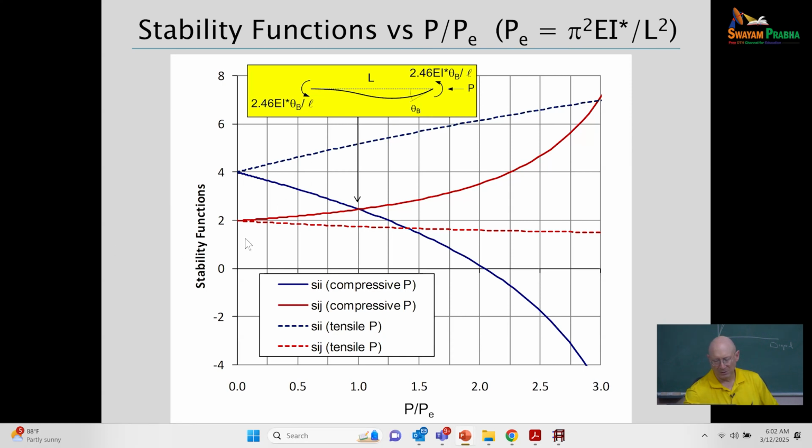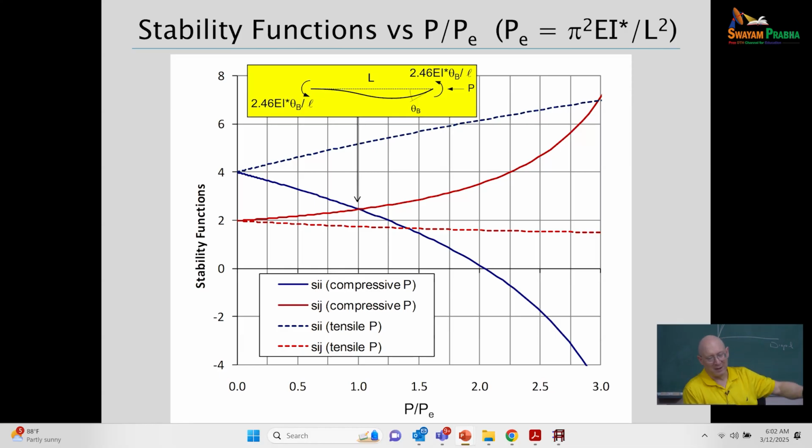The red curve goes to here, the blue curve goes to there, and interestingly, that's the point where those two curves cross. What these functions are telling us is the tangent stiffness of your element at this particular level of axial force in it.